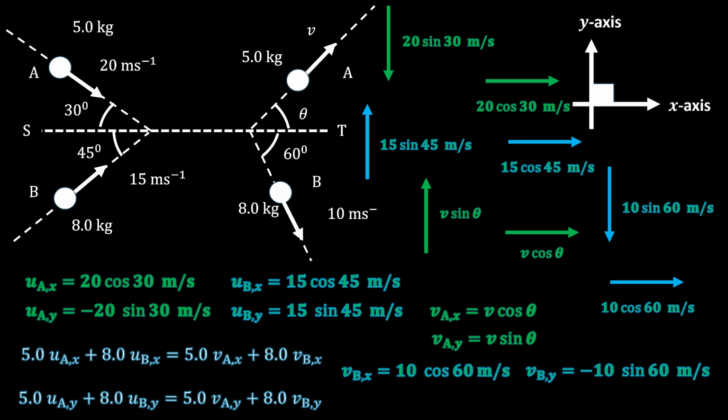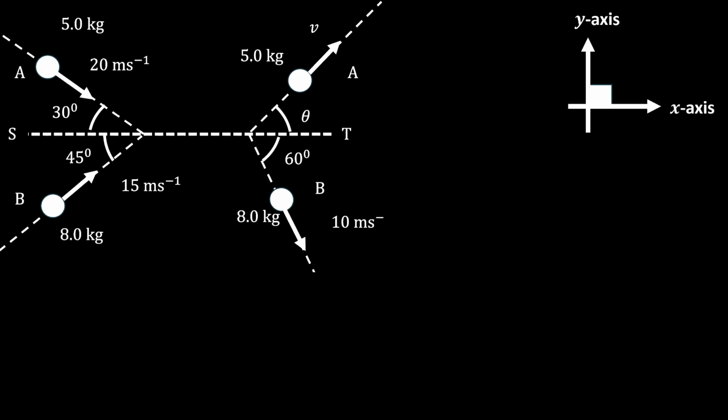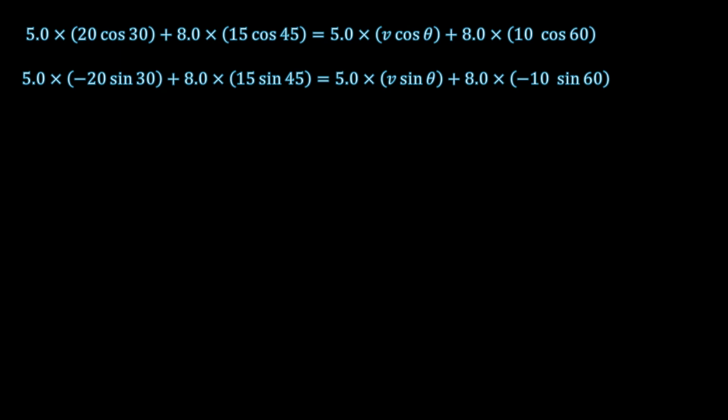If we substitute all these components of velocities into our equations of conservation of momentum along the x-axis and the y-axis, then we will end up with a pair of simultaneous equations as follows. Along the x-axis, we have 5.0 times 20 cos 30 plus 8.0 times 15 cos 45 equals 5.0 times v cos theta plus 8.0 times 10 cos 60.